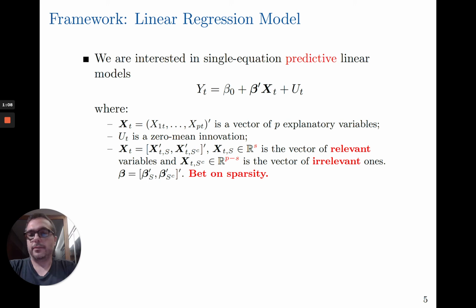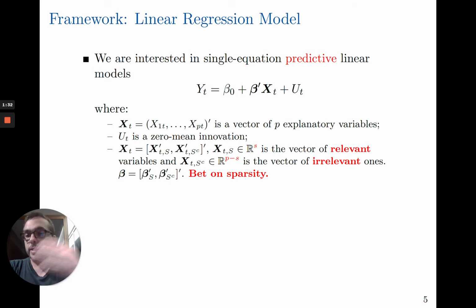And x_Sc, which has dimension p minus s, is the vector of irrelevant variables. These irrelevant variables have the respective coefficient equal to 0, so they are not important to describe the relation between y and x.